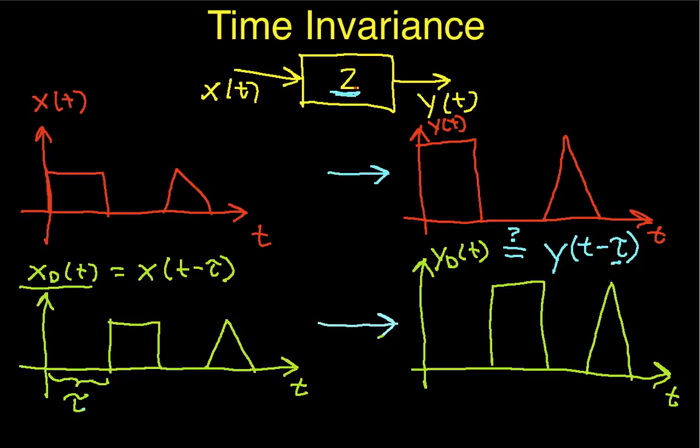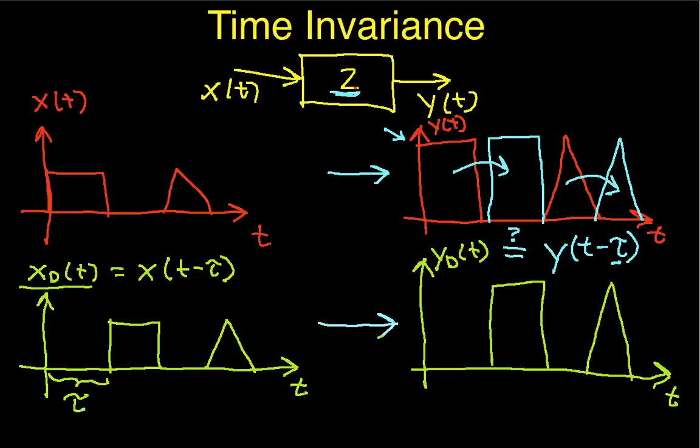So if I were to take y of t, basically this guy here, and delay that by a factor of tau, then it's like shifting to the right by a factor of tau. And it looks like this thing that I've drawn in blue, because this guy shifts over here, this guy shifts over here.